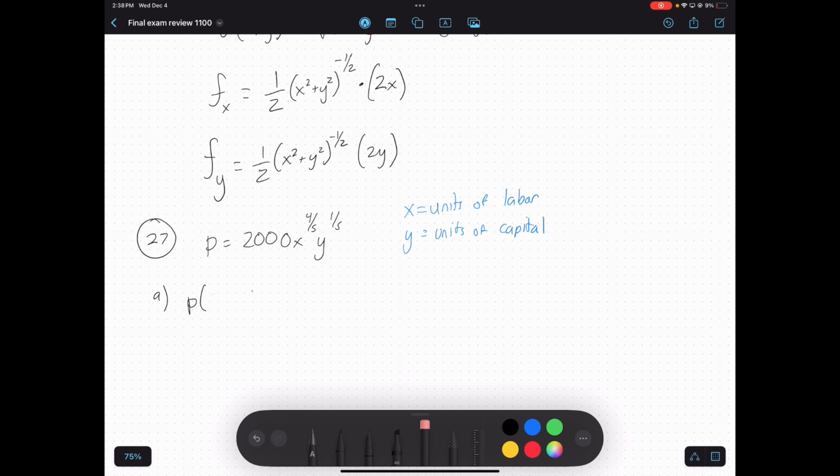Use the numbers from down here: 25 units of labor and 1,056 units of capital. All that's saying is just plug those numbers in for X and Y and see what you get. So in my case, I get 105,710. So that's how many units I'm producing.